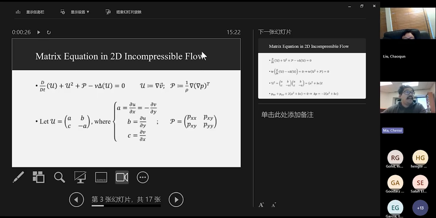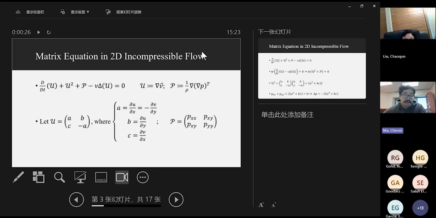So again, this is the matrix governing equation. Here U is the velocity gradient matrix, nabla V, and P is the pressure matrix. It is 1 over density rho and formed by the terms of second order derivatives for pressure. We let U equal A, B, C, negative A. Here A stands for partial U over partial X, and it is also negative partial V over partial Y, because this is an incompressible flow.